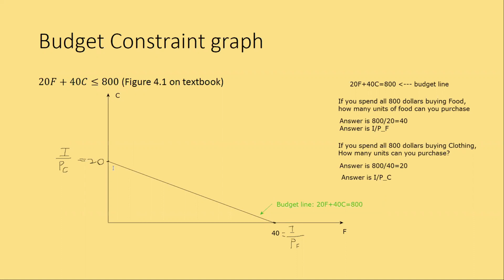Now, any point that is below this budget line, so any point that is in this region, are bundles that are going to cost you no more than $800. And any point outside of this region, which is over here, is going to cost you more than $800 and is what you cannot afford.